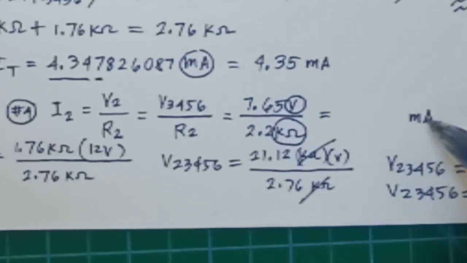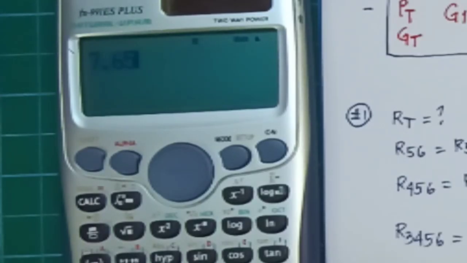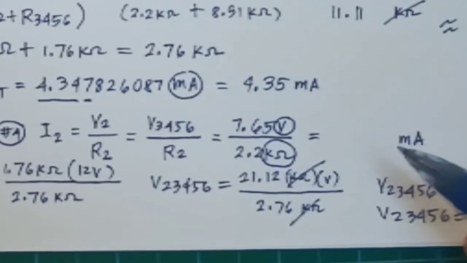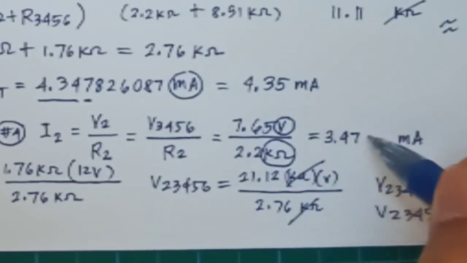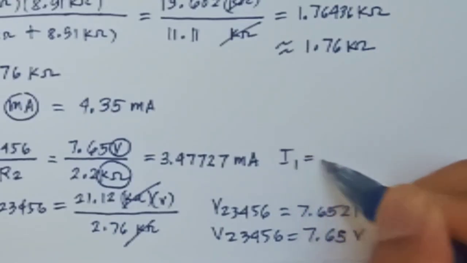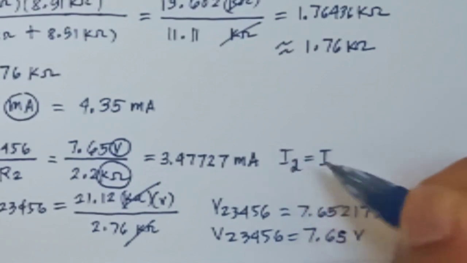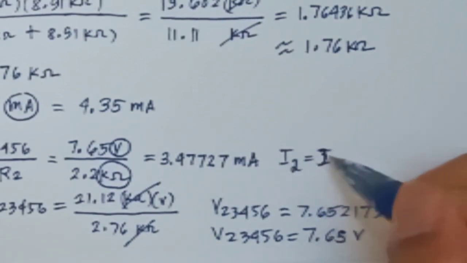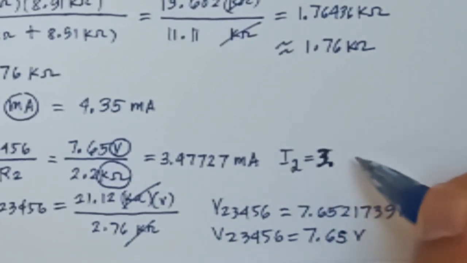And when you divide volts by kilo ohms, we will get milliamperes. And our answer here for I2 will be 3.47727, or let's round it to 3.477.